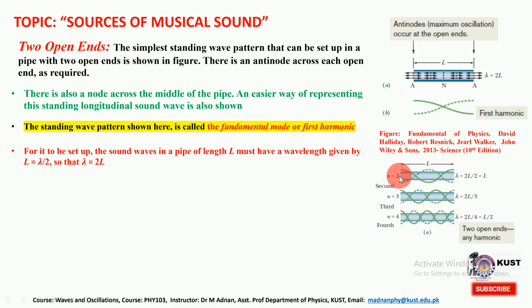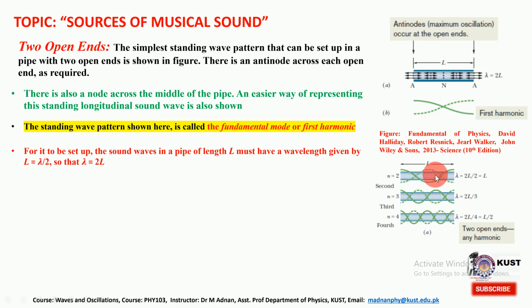This is an antinode point, and this is an antinode point, because that end is open. So an open end gives rise to these antinode points where the amplitude of oscillation of the air molecules is maximum, so that from this antinode to node we have lambda by 4.